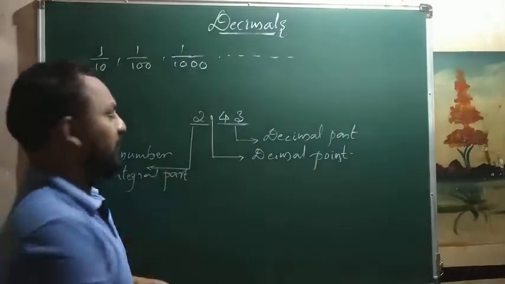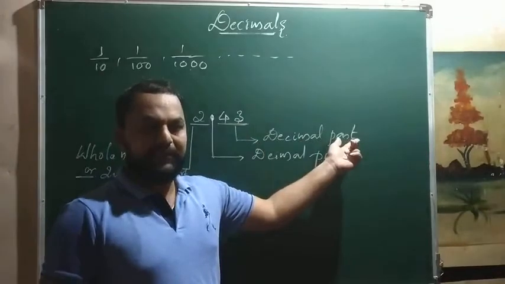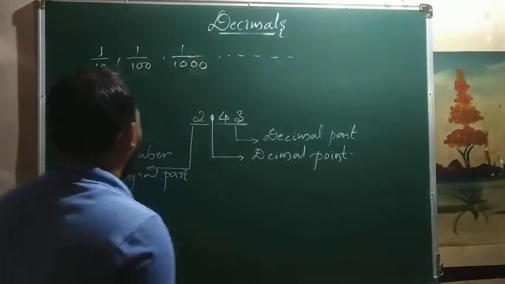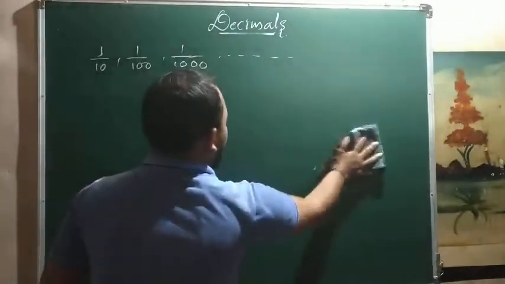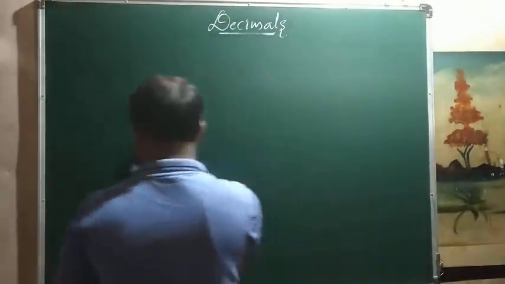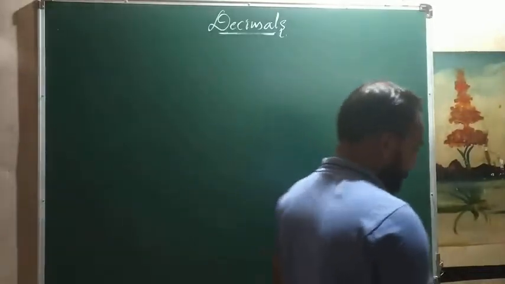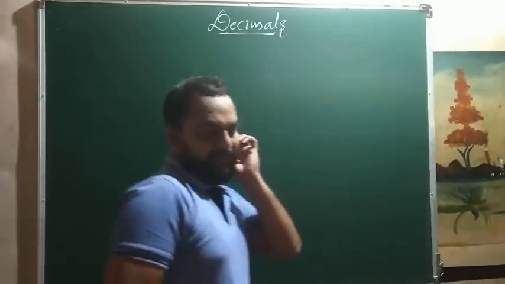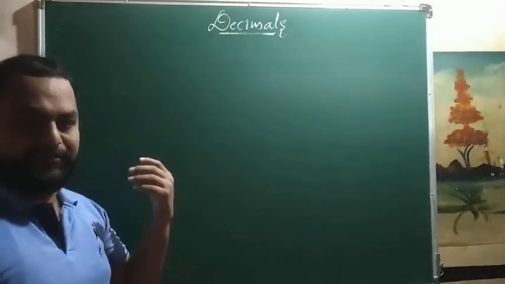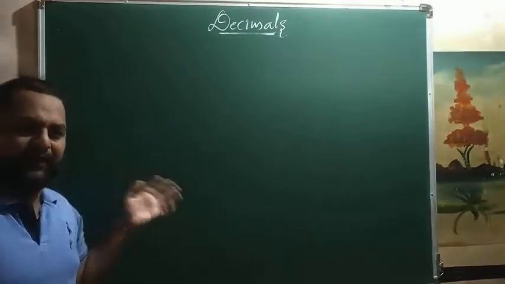This is a decimal point. The numbers that come after the decimal point are called the decimal part. Here you know the place value chart of the numerals: units, tens, hundreds, thousands, 10,000s, lakh, 10 lakh, crore, 10 crore.